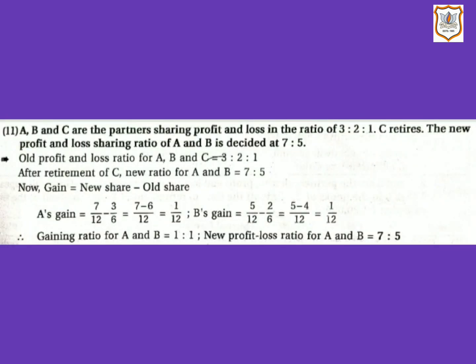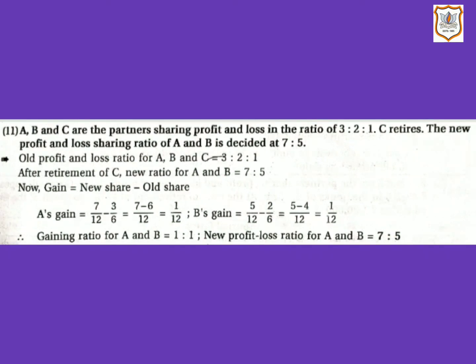Now let us solve question number 11. A, B and C are the partners sharing profit and loss in the ratio of 3:2:1. C retires. The new profit and loss sharing ratio of A and B is decided at 7:5.